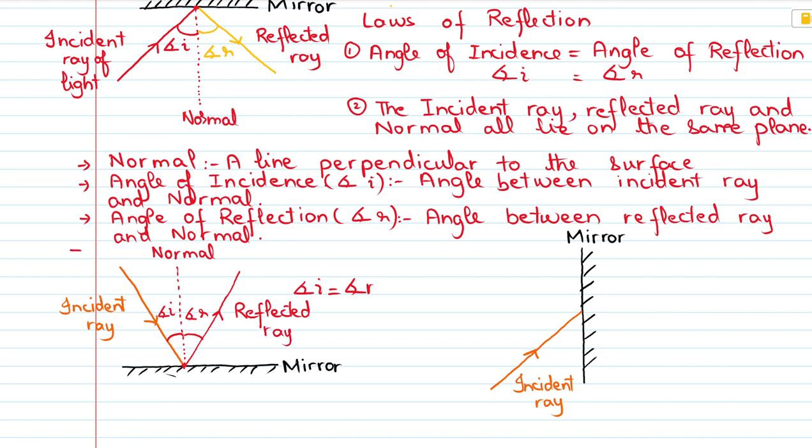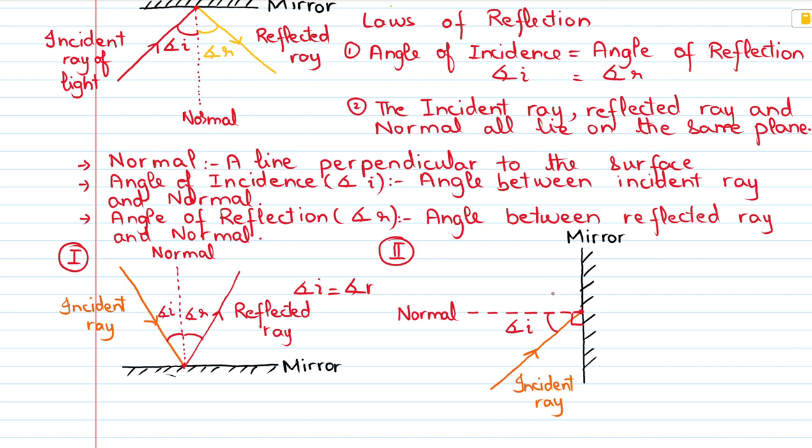Now, similarly, so this is our diagram 1. So let us just complete the ray diagram 2. So this is the incident ray and the ray is incident on the mirror at this point. So we have to draw a line that is perpendicular to the mirror. So you can see that this line is perpendicular to the mirror. So this is going to be the normal. Now the angle of incidence between the incident ray and the normal, let's mark this angle.